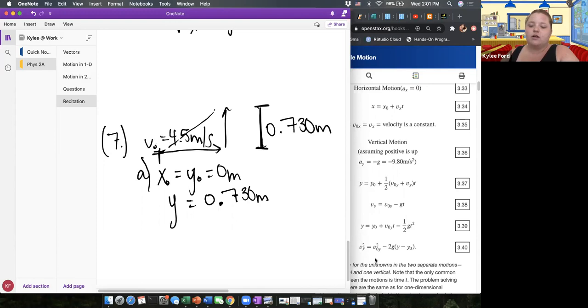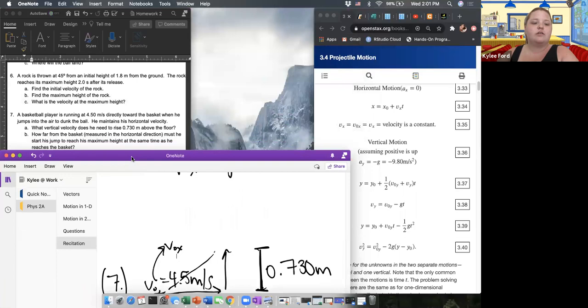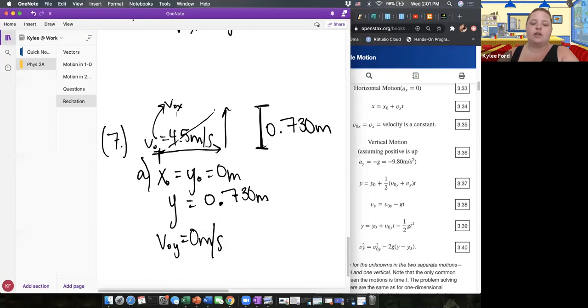So I can just state that my velocity in the y direction is just 0 because it's only horizontal. So this could also be my v naught x. So let's see. I'm asking what velocity do I need, right? What vertical velocity do I need?